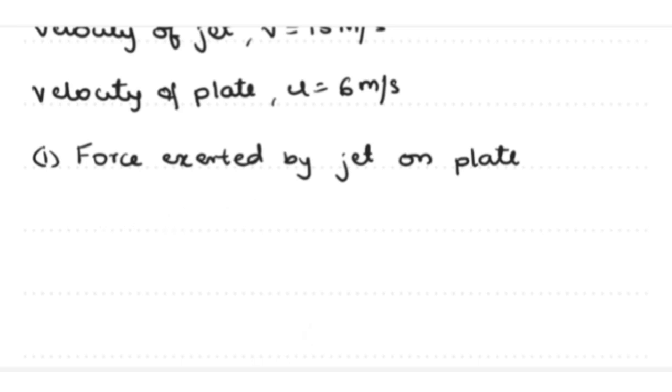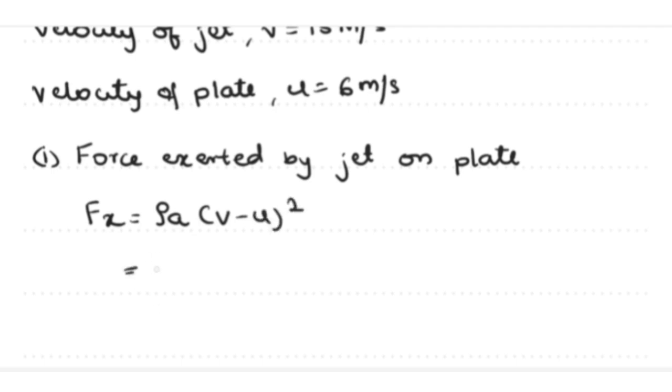The formula for calculating the force exerted in the direction of jet for the moving flat vertical plate is Fx is equal to rho into a into (v minus u) whole square.